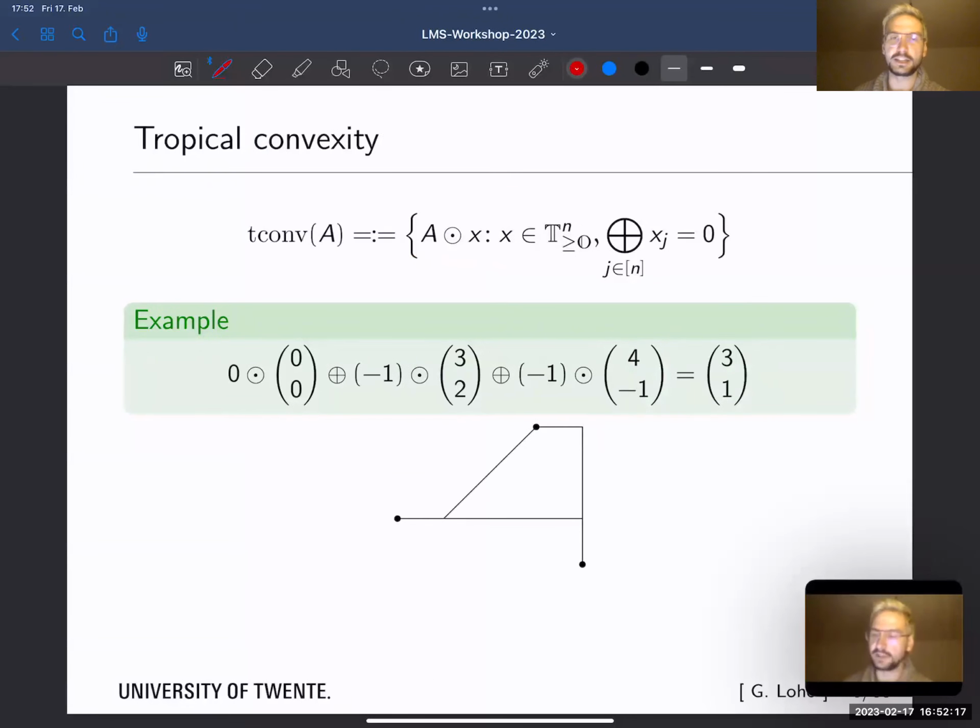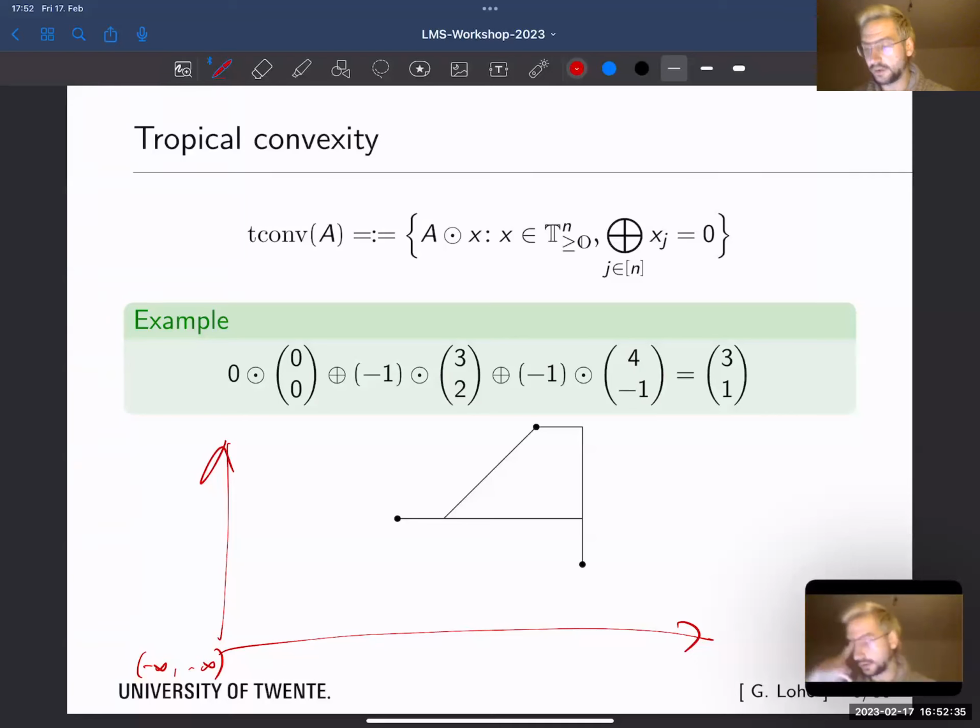And then we get these nice pictures by taking these combinations. For me now, this is really a picture in the tropically non-negative orthant. So let's say here is the point minus infinity, minus infinity. For me, this is the tropical non-negative orthant.